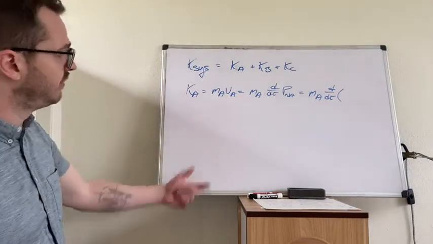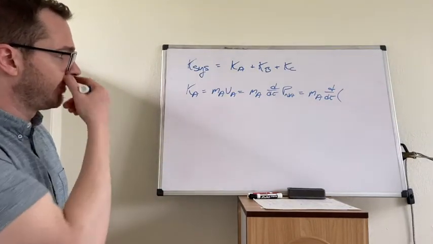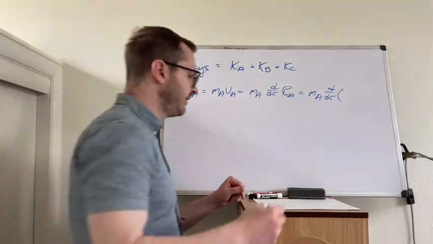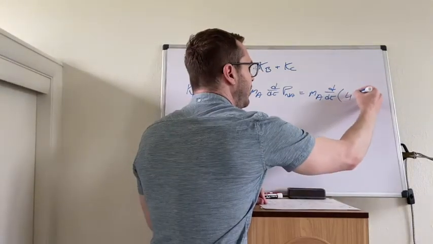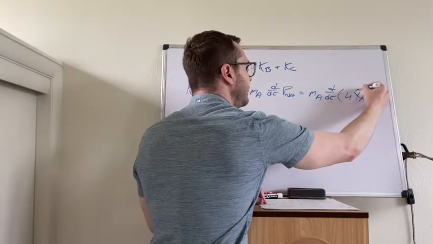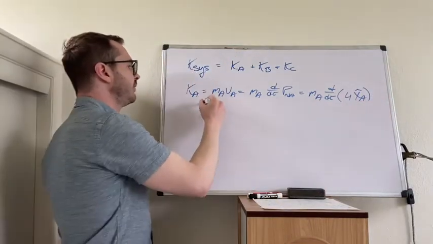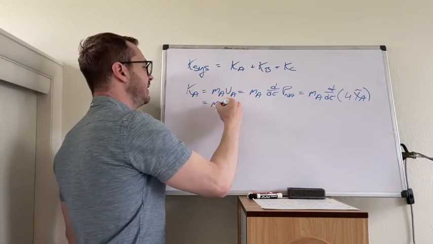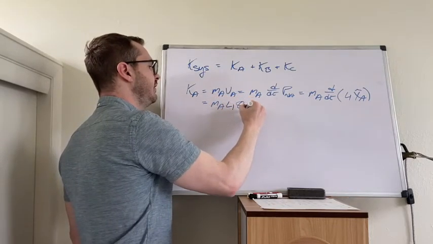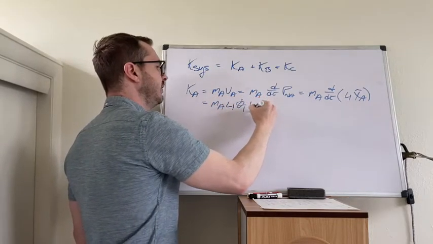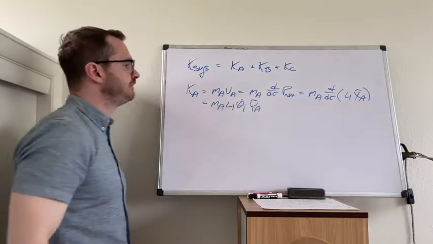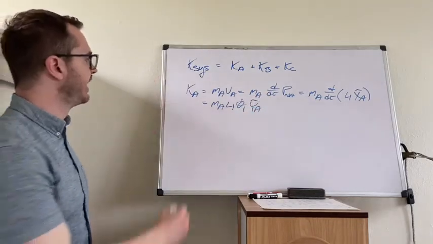I've erased it, but in your notes you should have the diagram. For P into A, I'm going to say L1 X at A. We've had a lot of practice. We know that this is going to be MA L1 theta 1 dot Y at A. There's KA.